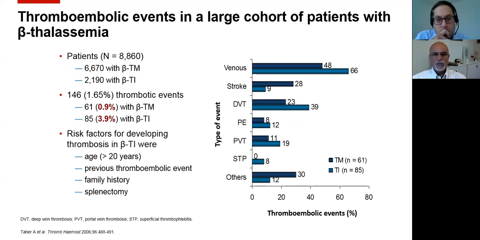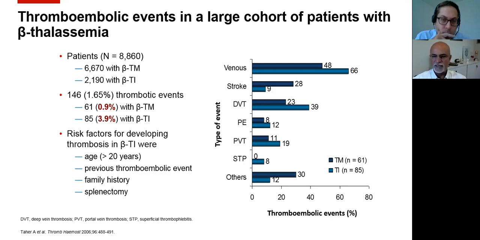And this is when we also did, during 2006 or a little bit earlier, a very large cross-sectional study where we looked at around 8,860 patients from the Middle East. We looked into the thalassemia major and thalassemia intermedia and the thrombotic events. It was clear that the thalassemia intermedia have 4 times, or 4%, more thrombosis than the thalassemia major.